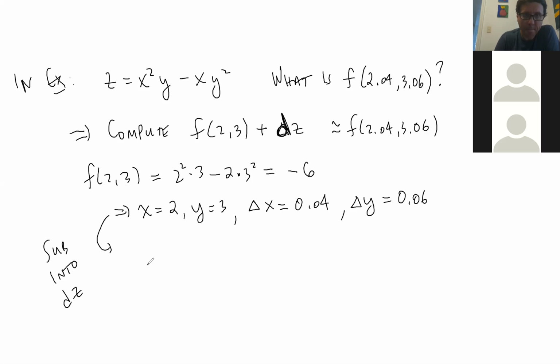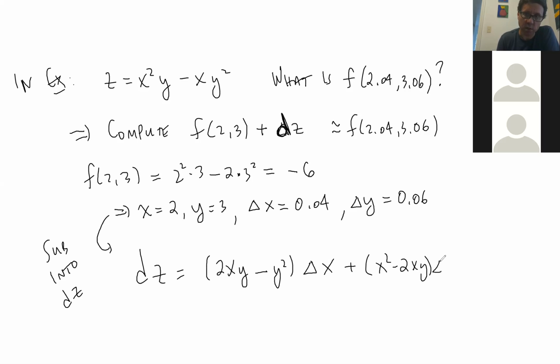Rewriting down what dz is. So dz is (2xy minus y squared) times delta x plus (x squared minus 2xy) delta y.